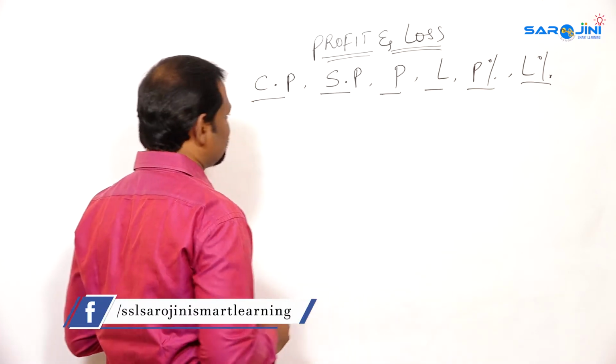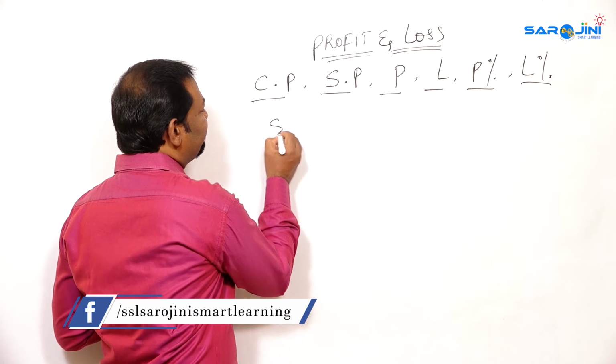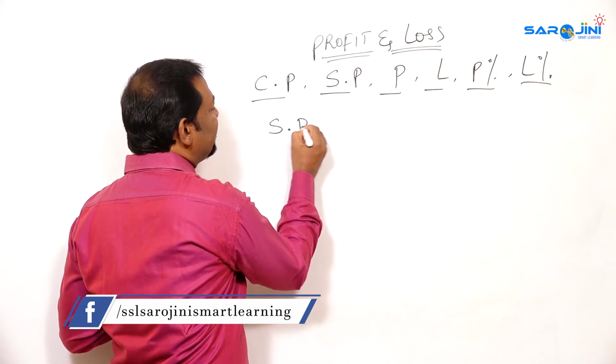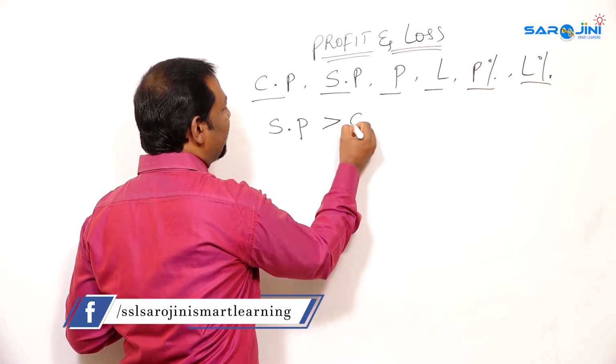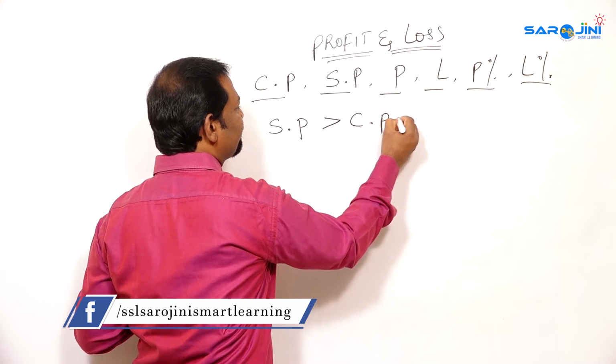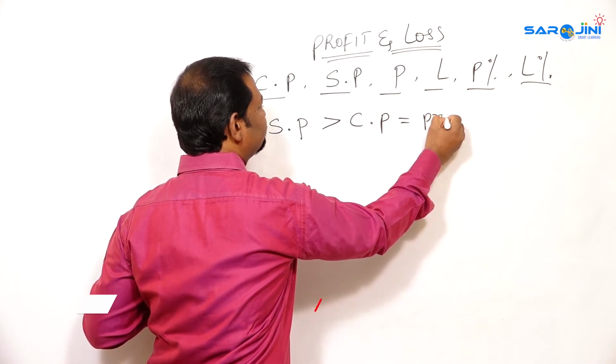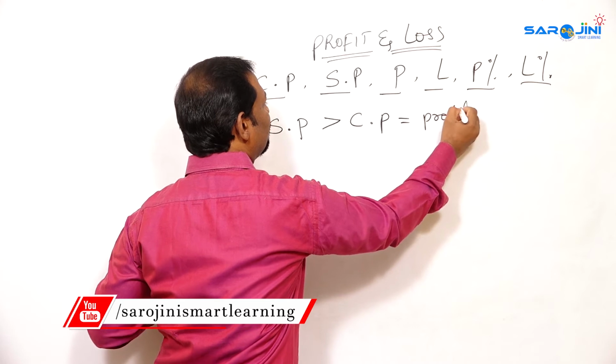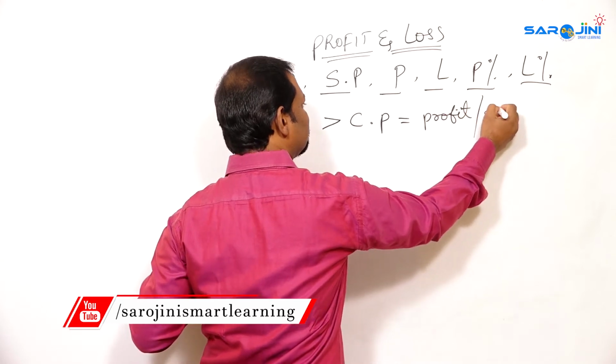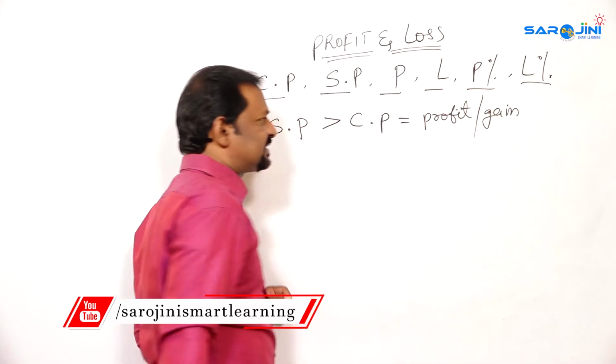Suppose the selling price is greater than the cost price, that is called profit. You remember, you can also call it gain. Gain or profit, both are the same.